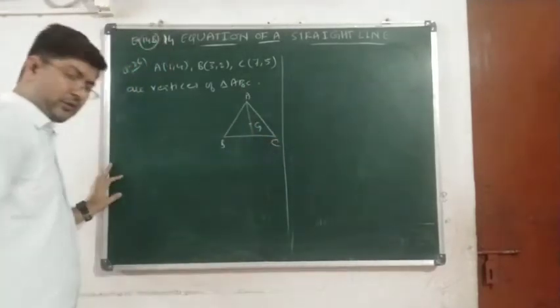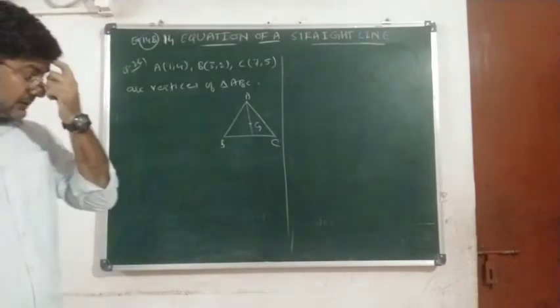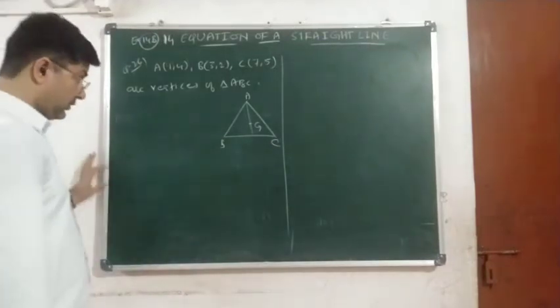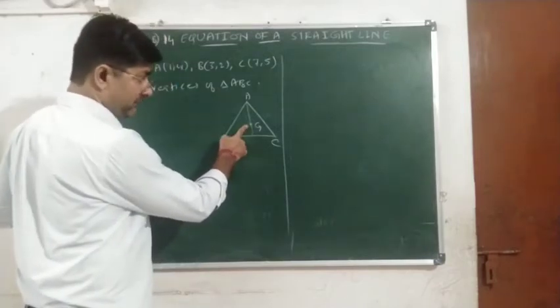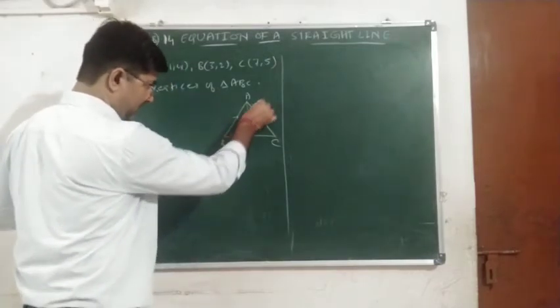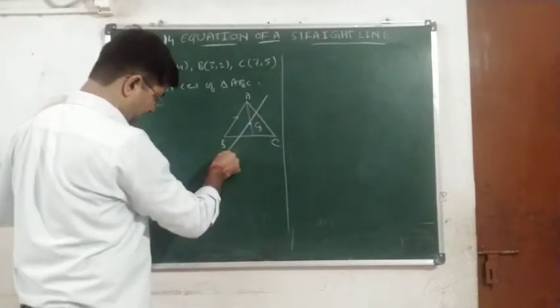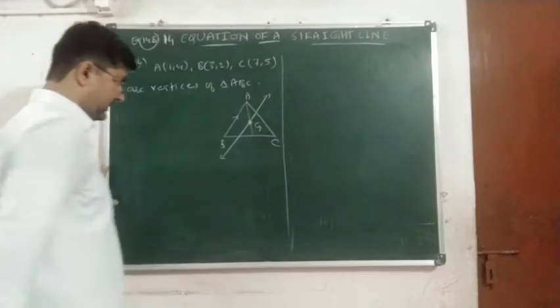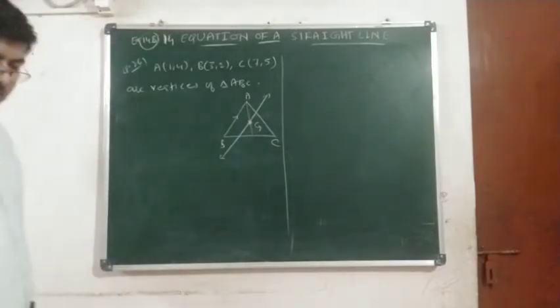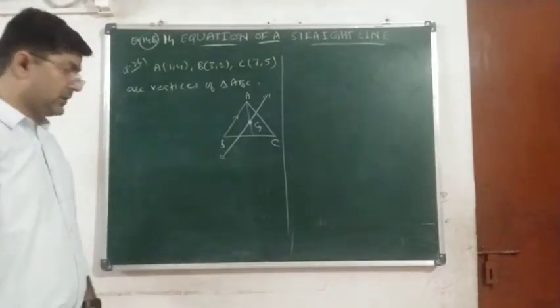G is the centroid, that is the point of intersection of the three medians. We have to find the equation of a line which is passing through G and is parallel to AB. So this is the line passing through G and parallel to AB. We will find the equation.